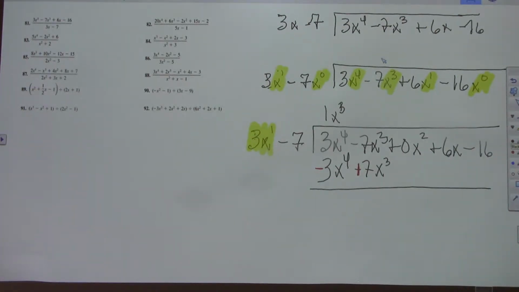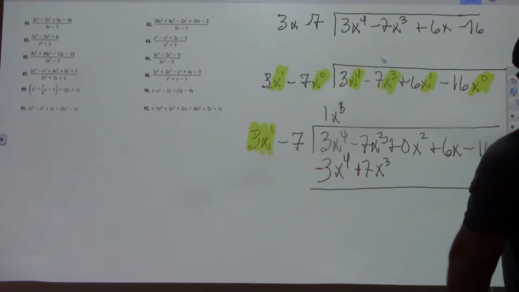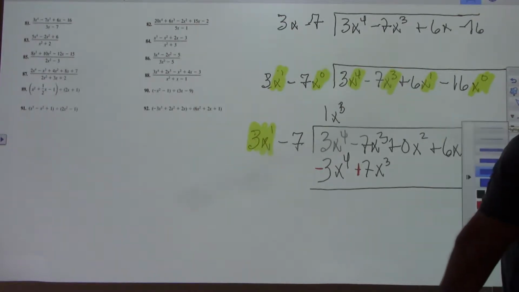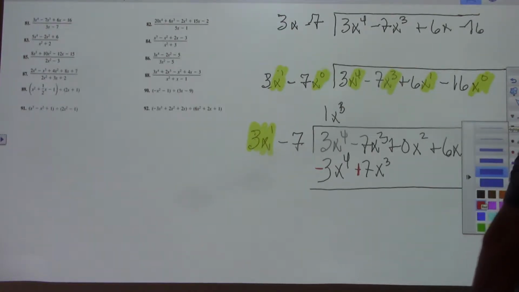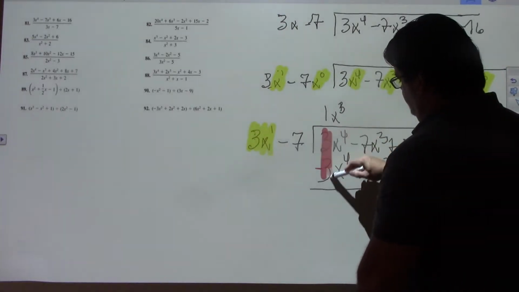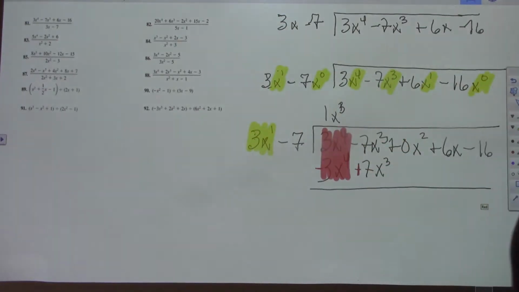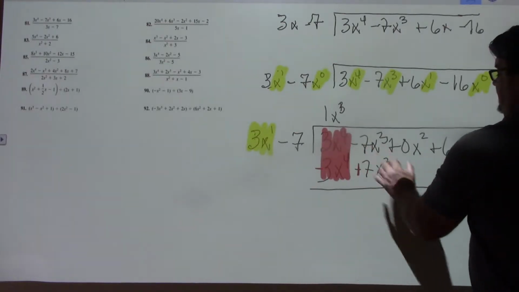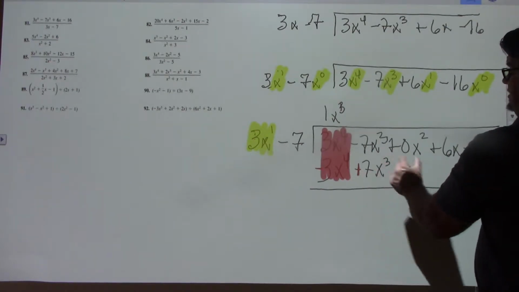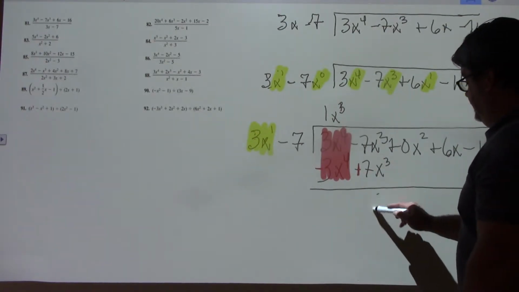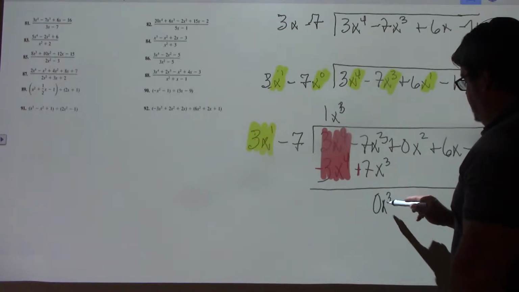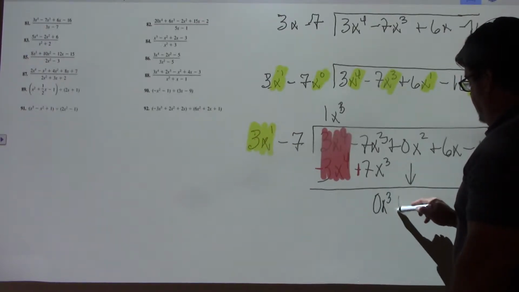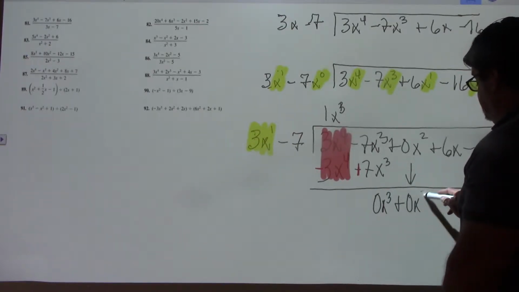And what always happens to the first term? That first column goes out. Negative 7x cubed plus 7x cubed is 0x cubed. And the 0 squared comes down to help.